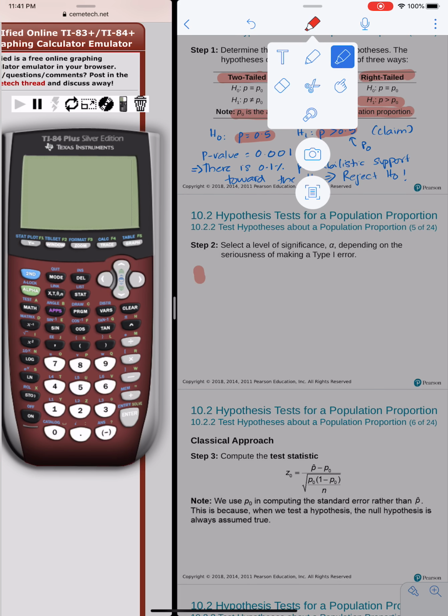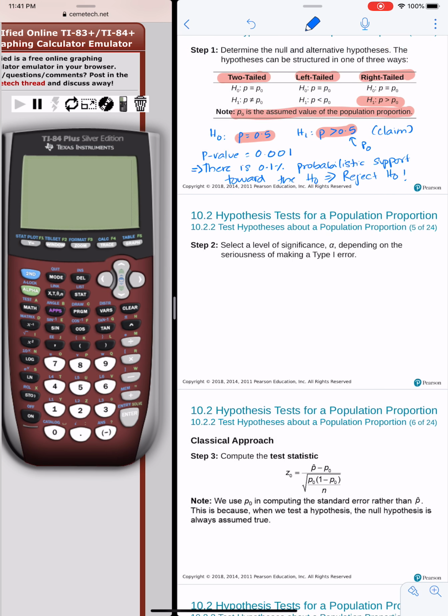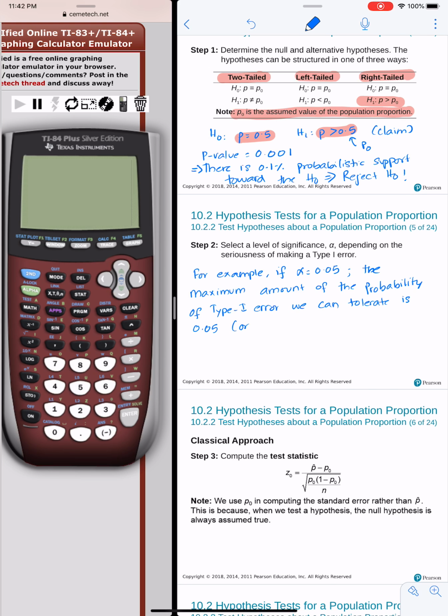For example, if we choose alpha equals 0.05, the maximum probability of type 1 error we can tolerate is 0.05 or 5%.